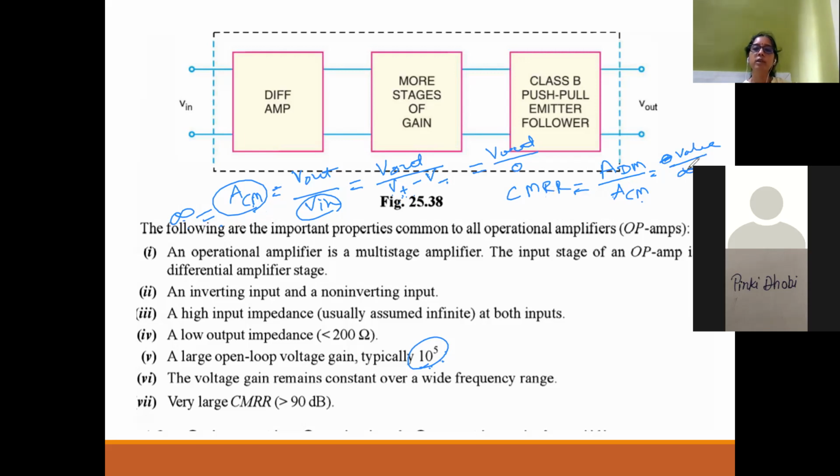So if it is a very high value, no, it is again, CMRR comes out to be 0, right? If this is infinite then CMRR is coming 0, am I right?